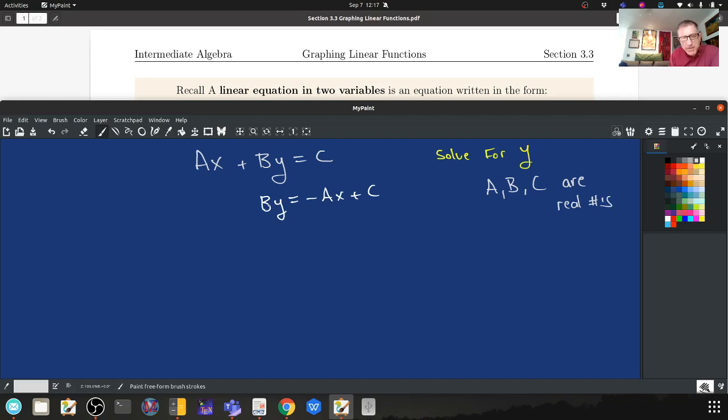We know b is not equal to 0 by supposition. So to find out the value of y, I just divide both sides by b. And you have to divide every term over here by b. So that gives us y is equal to minus ax plus c all over b.